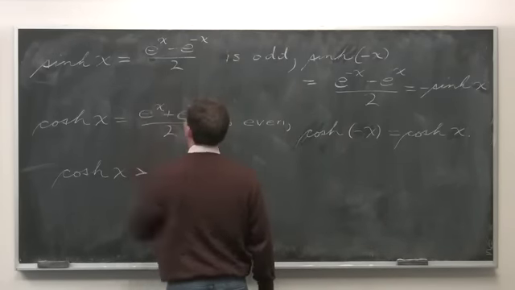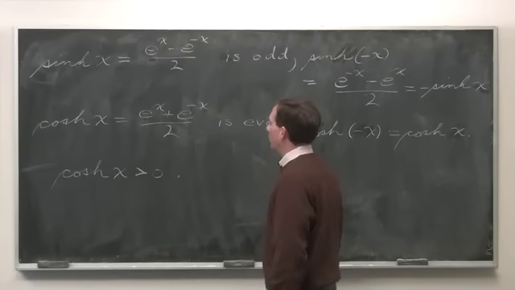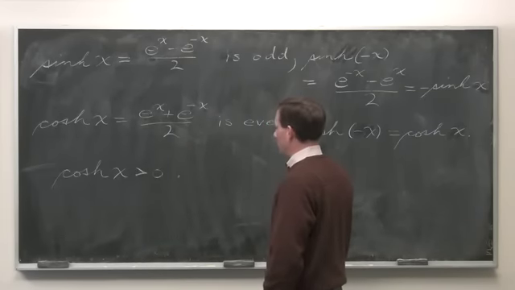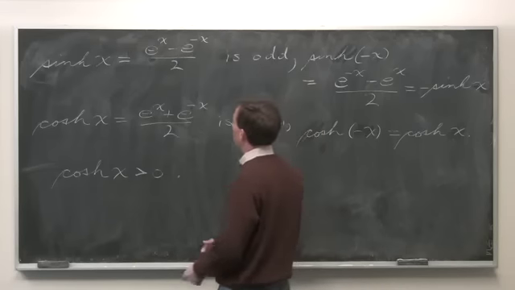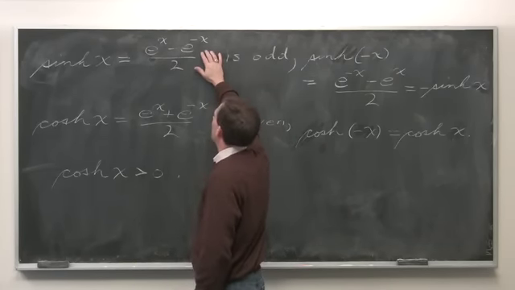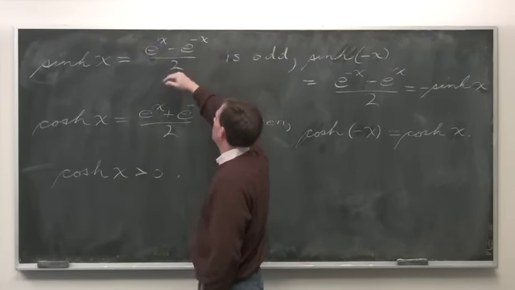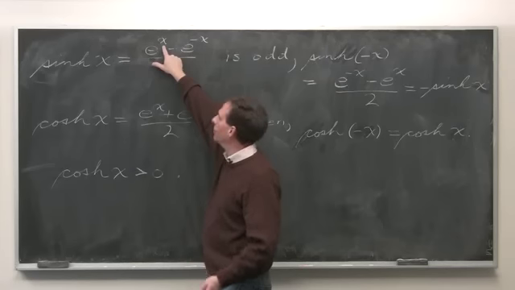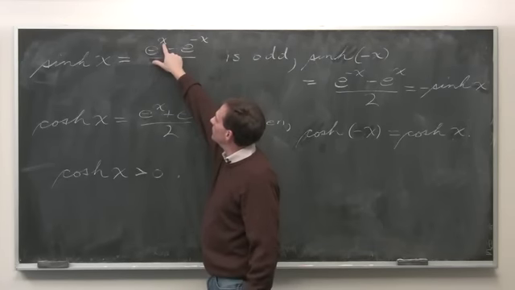Hyperbolic sine is certainly not always greater than 0. If you take x to be negative, you can do this in your head. If x is negative and large, e to a negative large number is 1 over e to a large positive number, so this part is very close to 0.